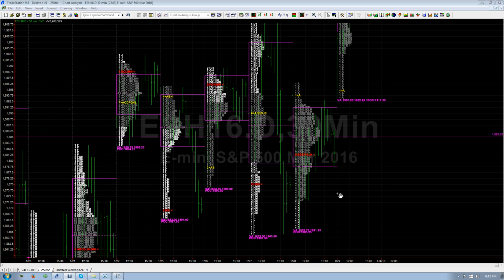And the best way to judge these things is to look at the location of the current day's open in relationship to the prior day's profile. You're testing the prior day's high, low, value area or something like that. So the location of the current day's open can give you an inclination into what type of opening you're going to have.